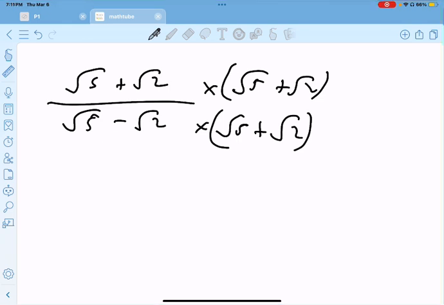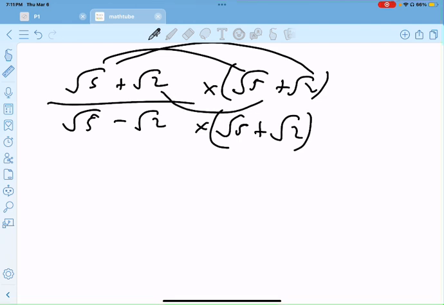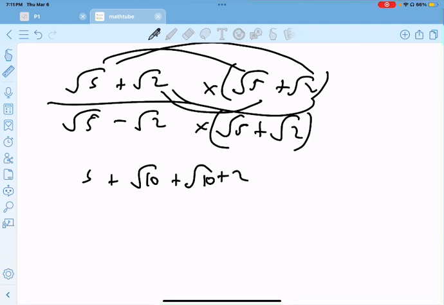When we multiply this, remember how to multiply like this and like this. You get root 5 times root 5 is 5, plus root 5 times root 2 is root 10, plus root 10, plus 2. And then below, remember the equation a plus b, a minus b.